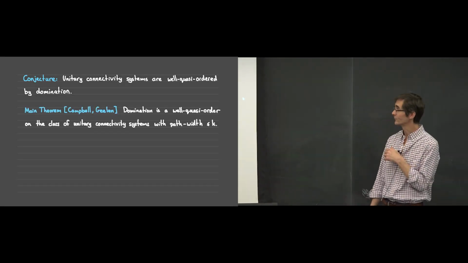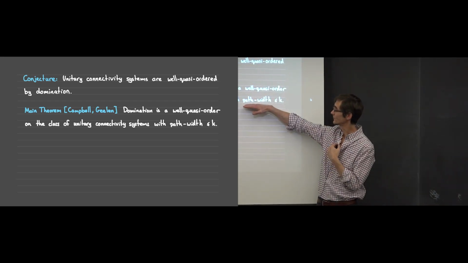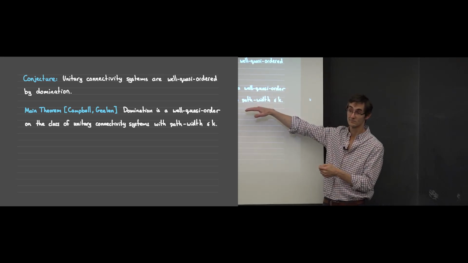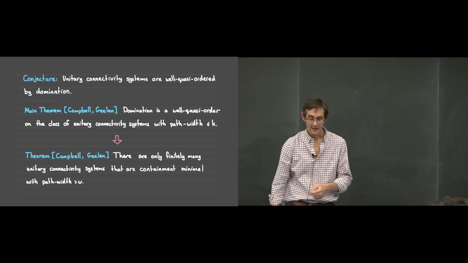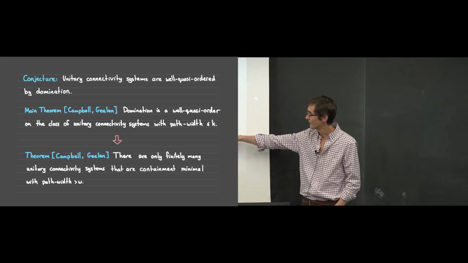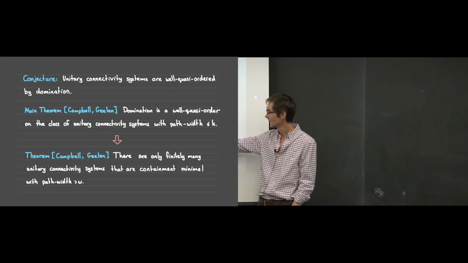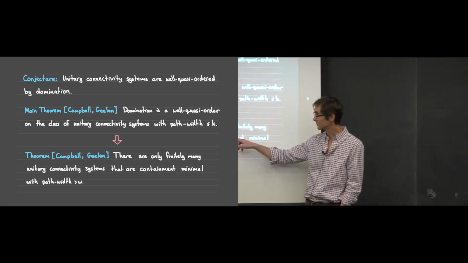And what we were able to prove is that this is at least true if you restrict yourself to connectivity systems of small path width. And that implies that you get finitely many obstructions under containment to path width.